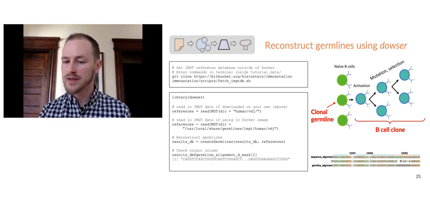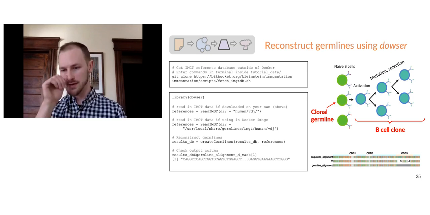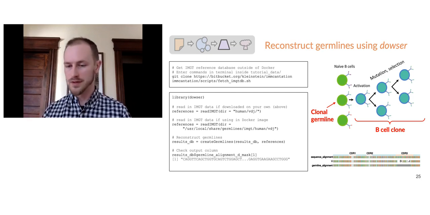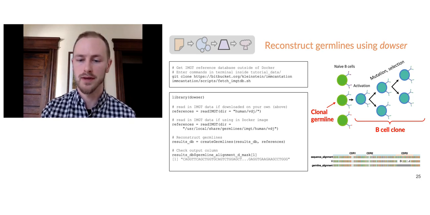We also mask the D sequence and the junction region of the germline because these sequences are typically difficult to infer accurately. So we mask them with N nucleotides, which are ambiguous nucleotides.